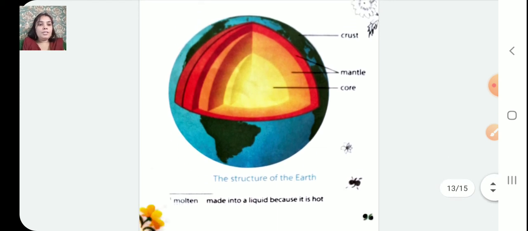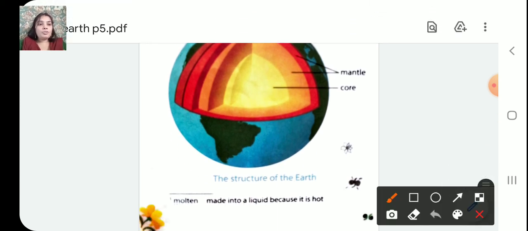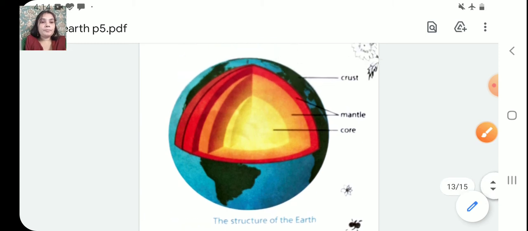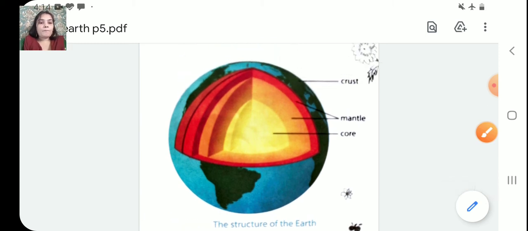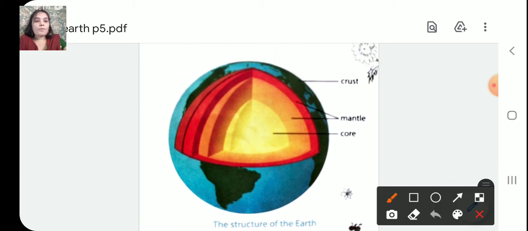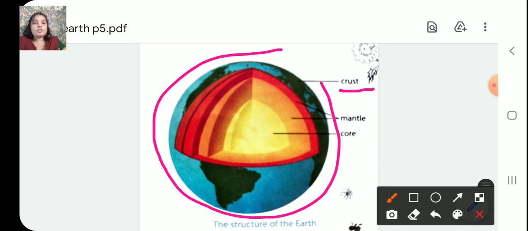Here you can see the outermost layer. It is called the crust, C-R-U-S-T.